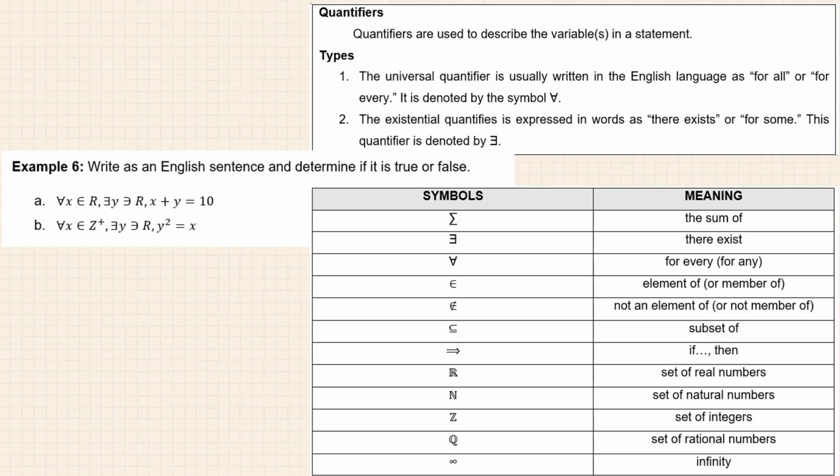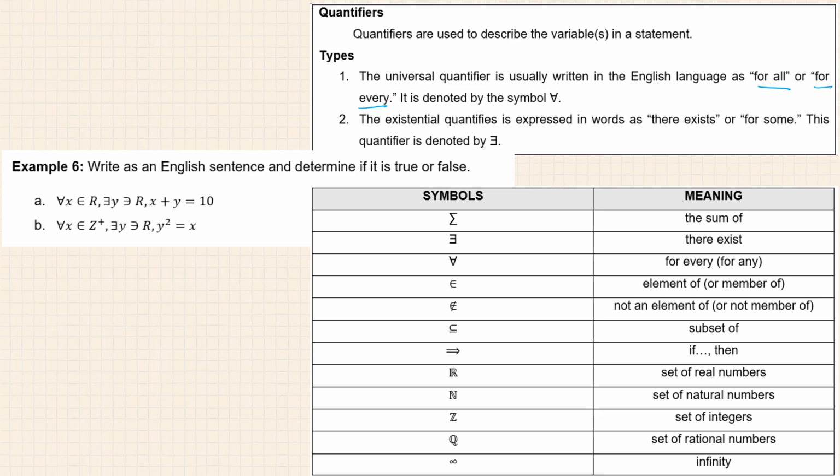Okay, so next we'll talk about quantifiers. Quantifiers are used to describe the variables in a statement. So there are two types. The first one, universal quantifier, is usually written in the English language as for all or for every.